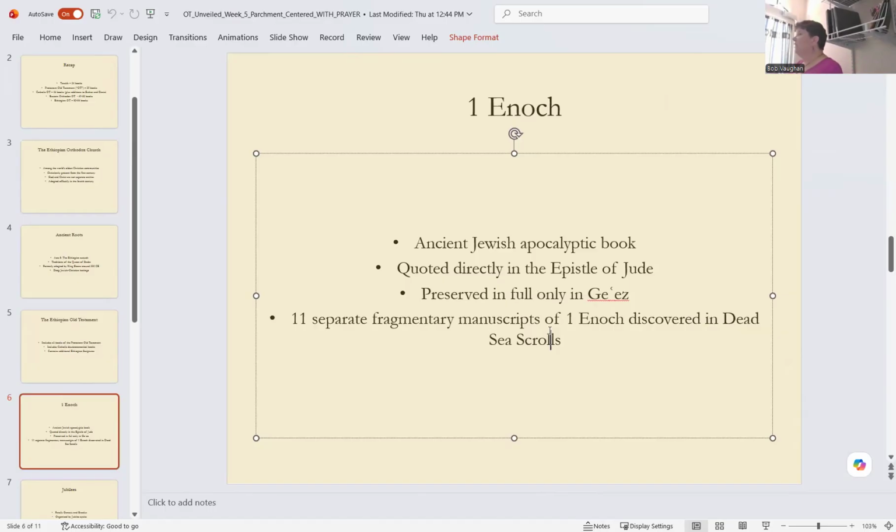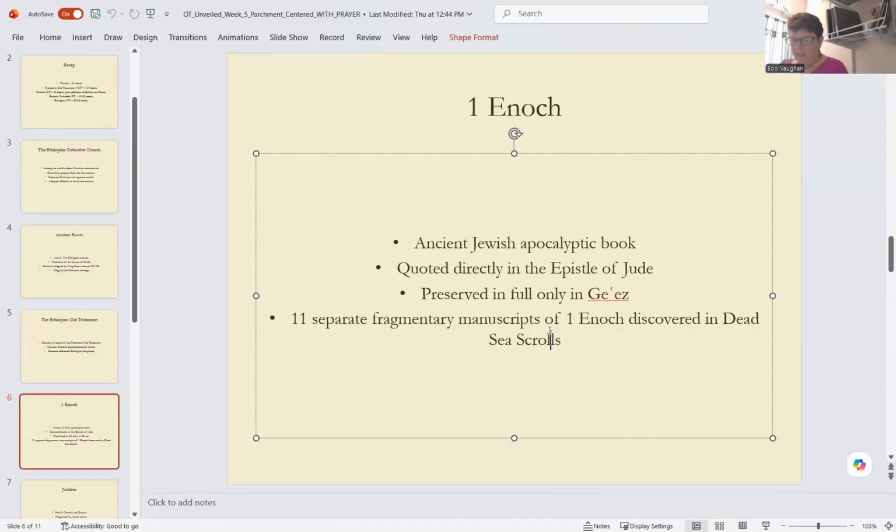Based on those dates, you can tell why the Tanakh would not have included it, because they believed everything was cut off at 400 BCE. So this was written after it. What's interesting is that it's a collection of five distinct works that are not necessarily considered to be written by the same author.